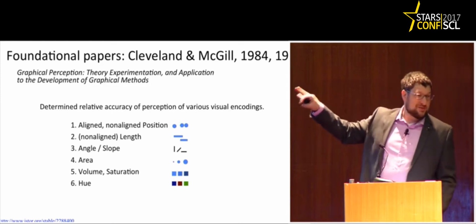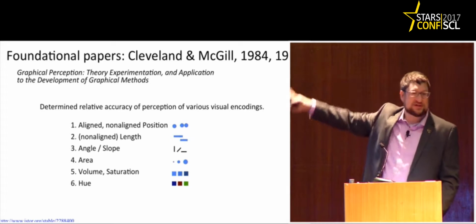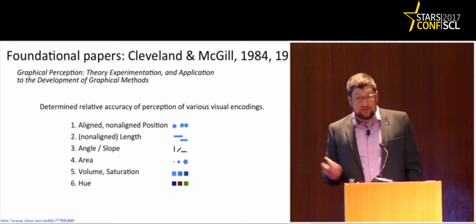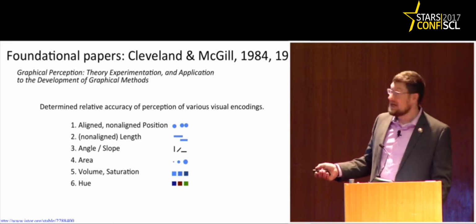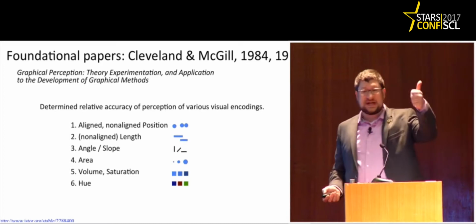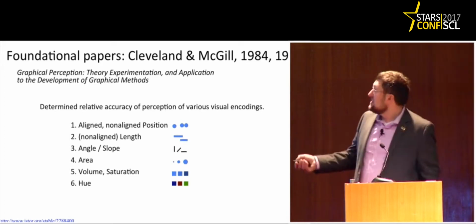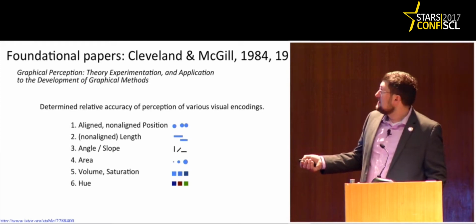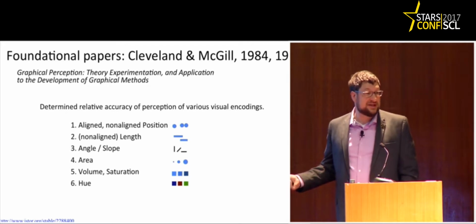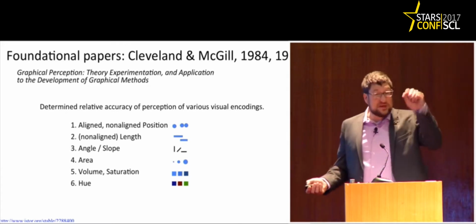We'll talk a lot more about this later in the talk, and there's a free download of a whole table of all this. The short version to learn from this slide is that position is the most precise, the most powerful. We have the best precision. You can see this one's a little bit lower than these two. Not much, only a few pixels, but everybody in the room can agree that this little dot is a little bit lower than the other ones. We have really good precision there.